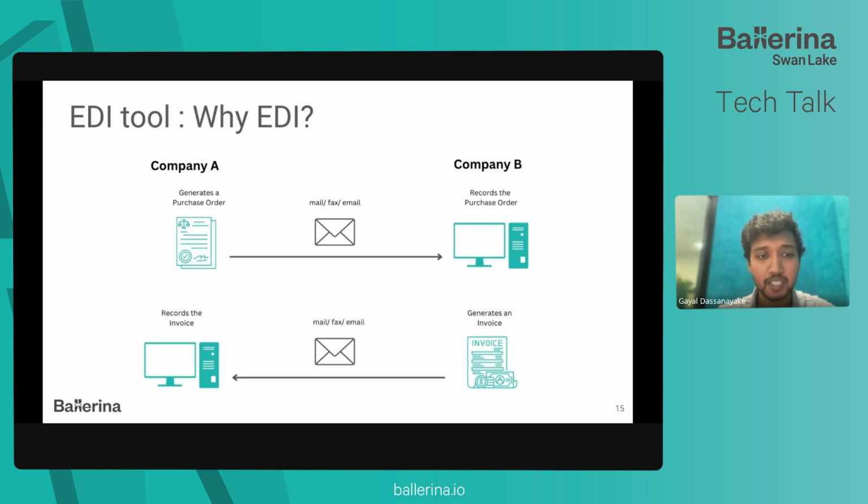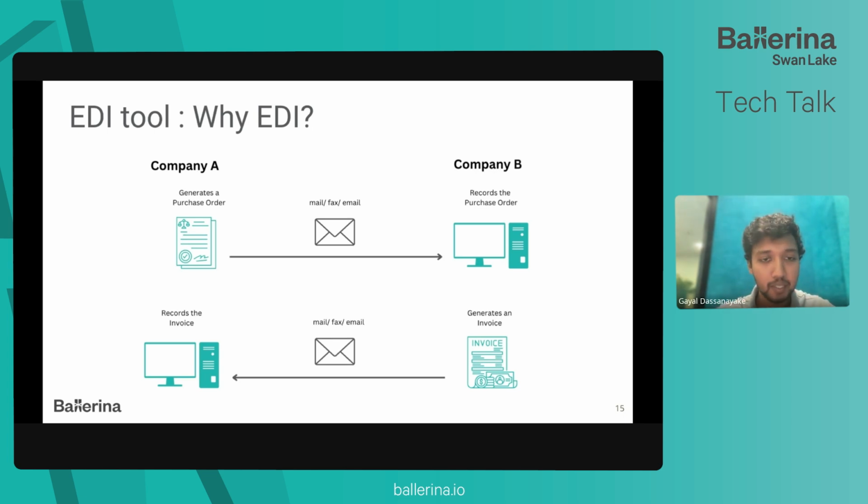So even if you use email, which is a sort of newer technology, still someone will have to receive that email and enter the data manually. So this is where EDI comes in. With the help of EDI, company A's internal system can share a document, let's say a purchase order, as an EDI document to company B's internal system.